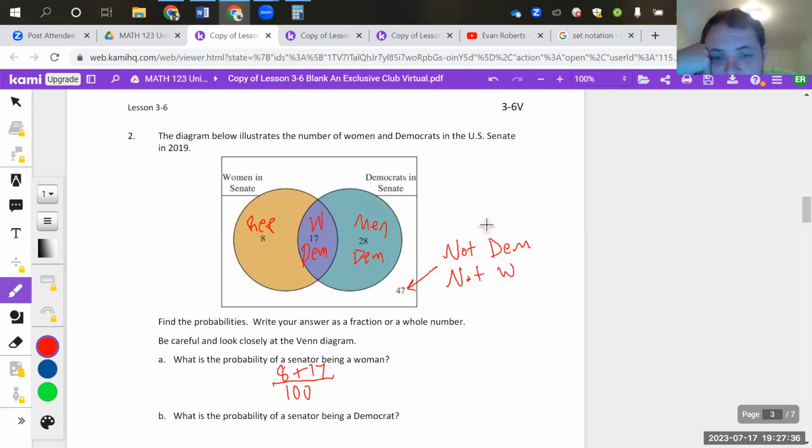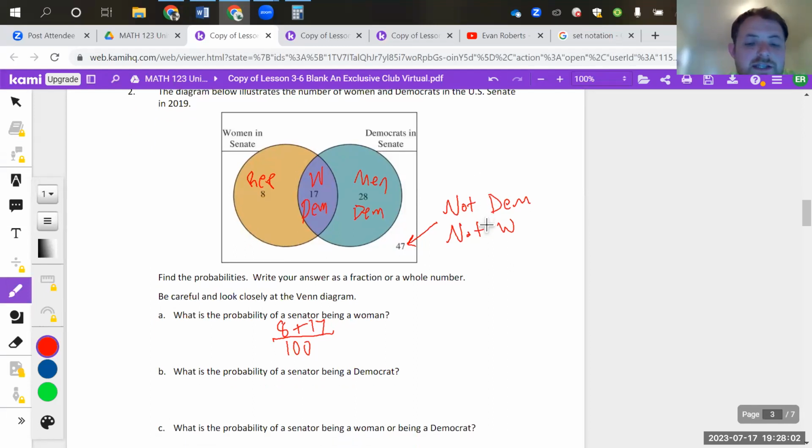So that means that there are 47 men that are Republican or independent in this situation. Breaking that down, that gives us 25 out of 100, which reducing even further would give you 1 out of 4.